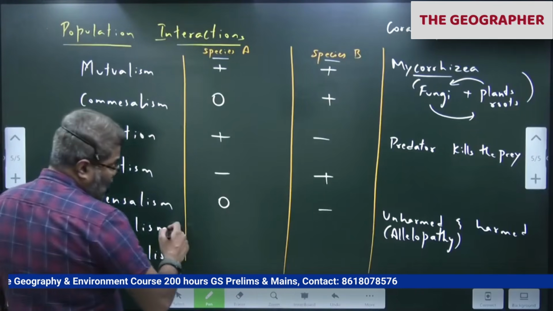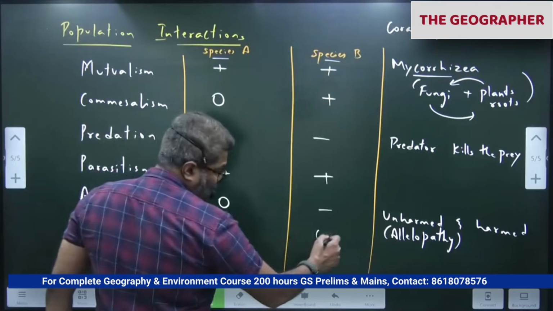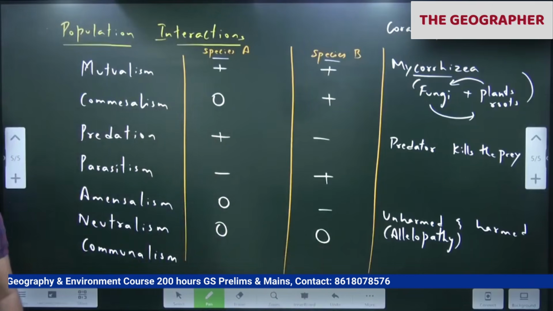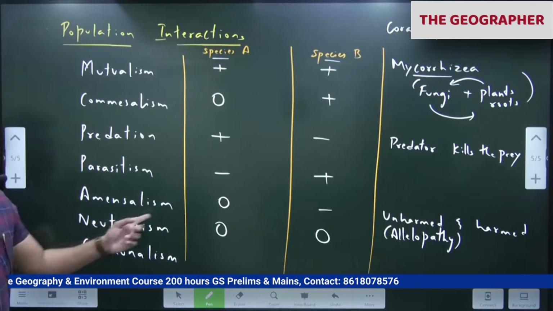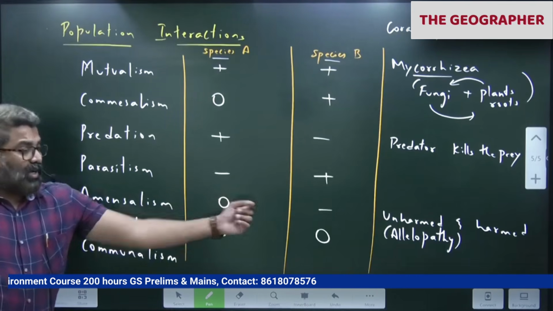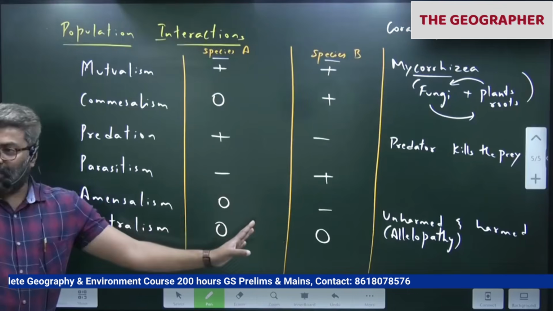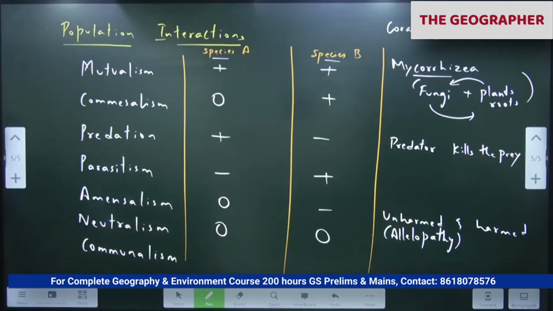Next is neutralism. Neutralism is where both the species are unharmed. They live in their respective habitats, and both the species survive, neither benefited nor harmed. So that is neutralism.